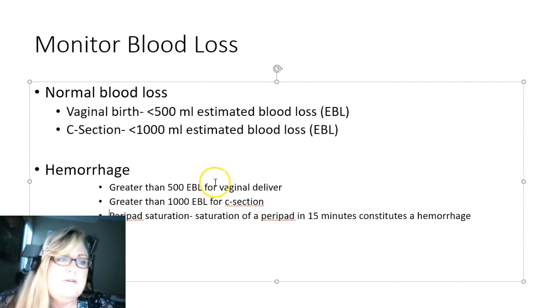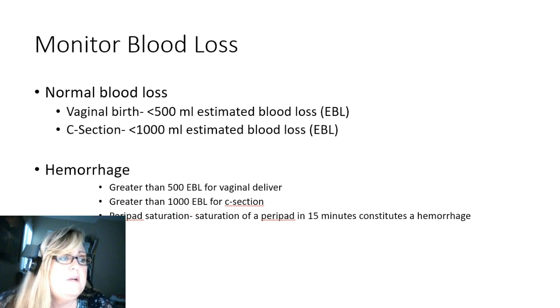So you guys will know this, the provider, the midwife, or the physician will tell us what the EBL is. But if they're gone and now you have a patient who you feel like she's bleeding heavy, if she saturates a peri-pad in 15 minutes, that constitutes a hemorrhage. That means there's a hemorrhage.